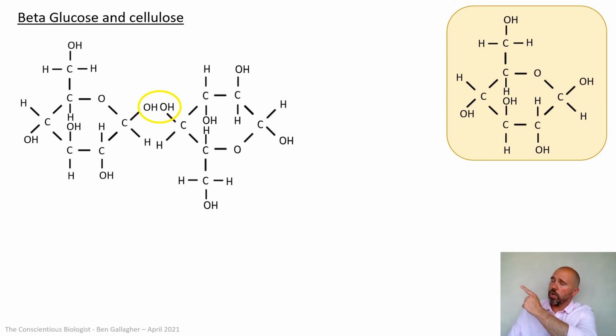To get those two OH groups side by side, I've had to put the second beta glucose upside down because the OH on the front of that first one is now up high, but the one on the back is still down low. So to get them aligned, I have to flip it over the other way. Now that that second one's upside down, the OH groups can form a glycosidic bond. That glycosidic bond will pair those two together.